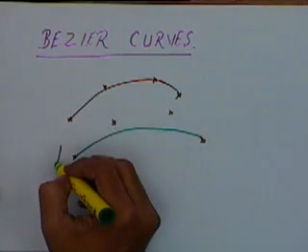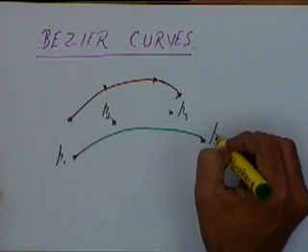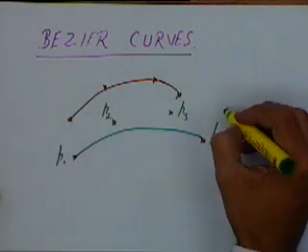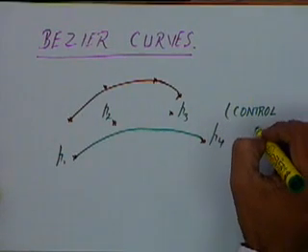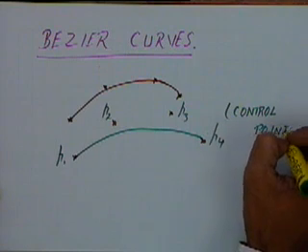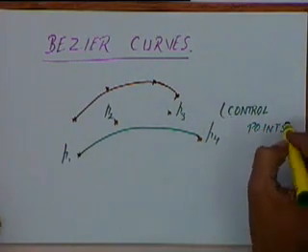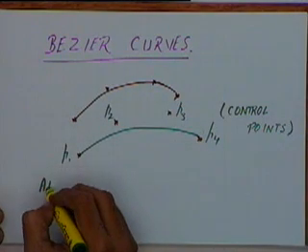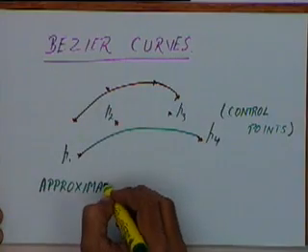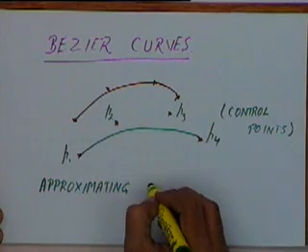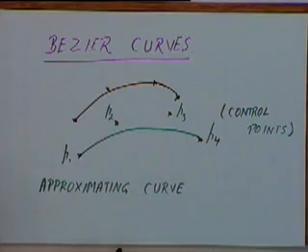Let's say these points are P1, P2, P3 and P4. These points are called control points, and this curve is an approximating curve, not an interpolating curve.